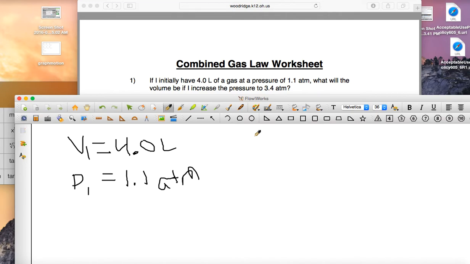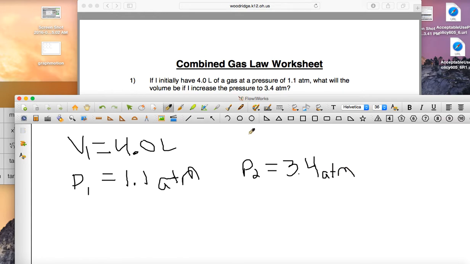So maybe I've got this hooked up. Maybe it's a basketball, and I'm going to be hooking it up to an air compressor or something along those lines. I don't know. There's a lot of things we could be doing with this. Okay, so the second pressure is 3.4 atm, and we want to know what that final volume would be.